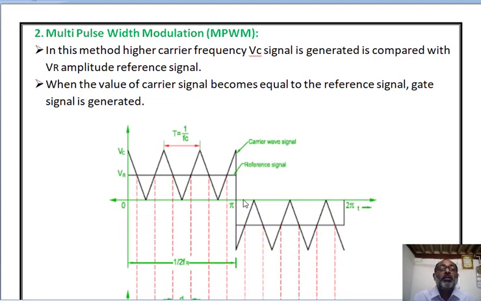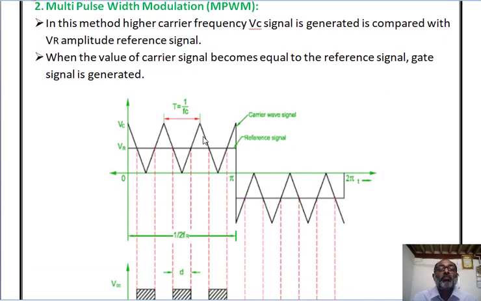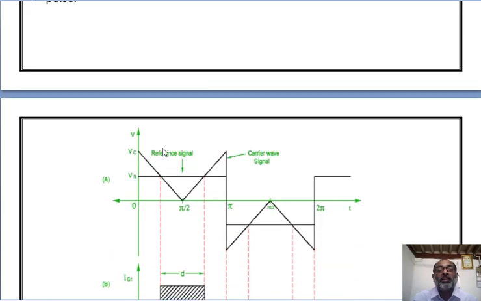Now next, multi-pulse width modulation. In this method, a higher carrier frequency VC signal is generated and compared with the amplitude reference signal VR. Here you can see the carrier frequency is higher than in single pulse width modulation.